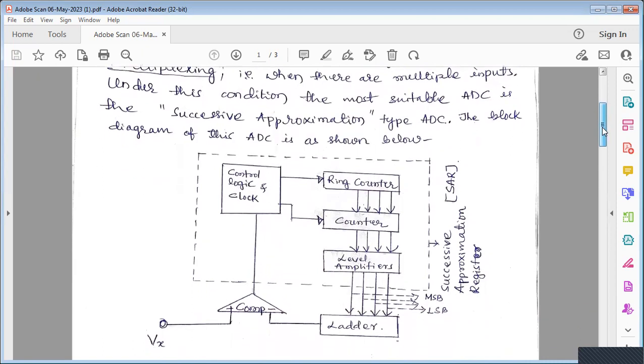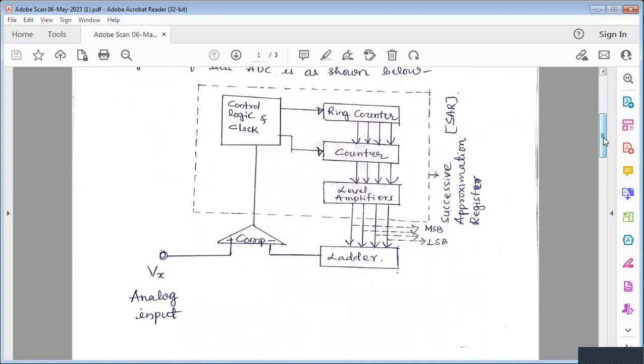The block diagram of this successive approximation ADC is simple, as shown in the figure. Here a block of dotted line contains some circuitry that includes control logic and clock, a ring counter, a normal counter, and level amplifiers.